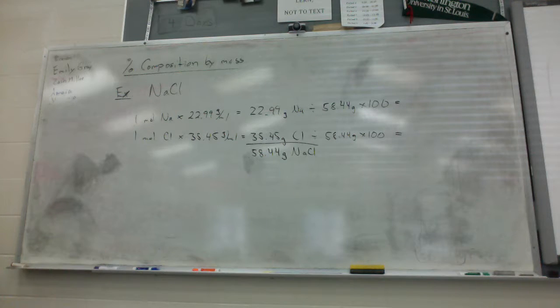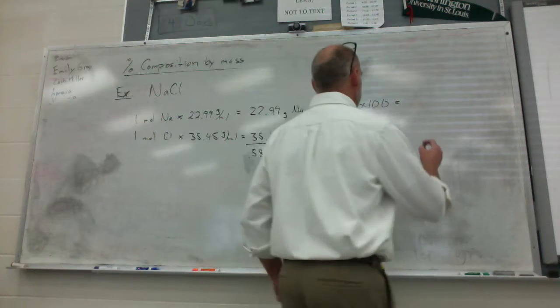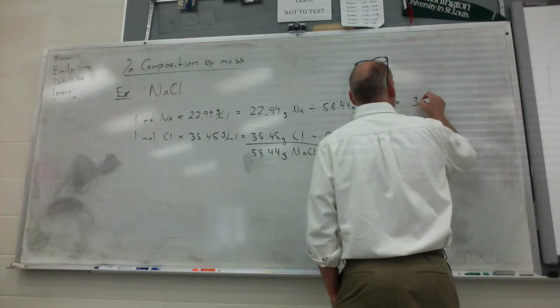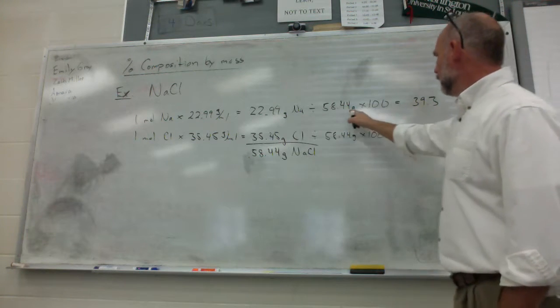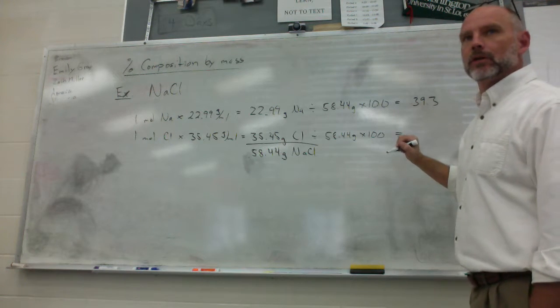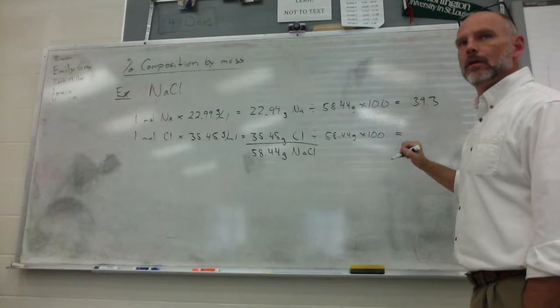Anyone like to shout out a result of either of those? Alex, which one are you doing? The sodium? Okay, and then anybody else have a calculator they're pressing right now? Gunther, could you do the chlorine? Alex, what do you got? 39.3%. Let's go to 4 significant figures.